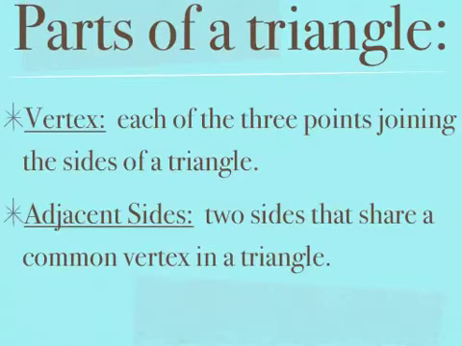The parts of a triangle: we have a vertex, each of the three points joining the sides of a triangle. So in the last example, our vertices would have been A, B, and C. Adjacent sides are two sides that share a common vertex in a triangle, or you can think of them as the two sides of the angles being formed.